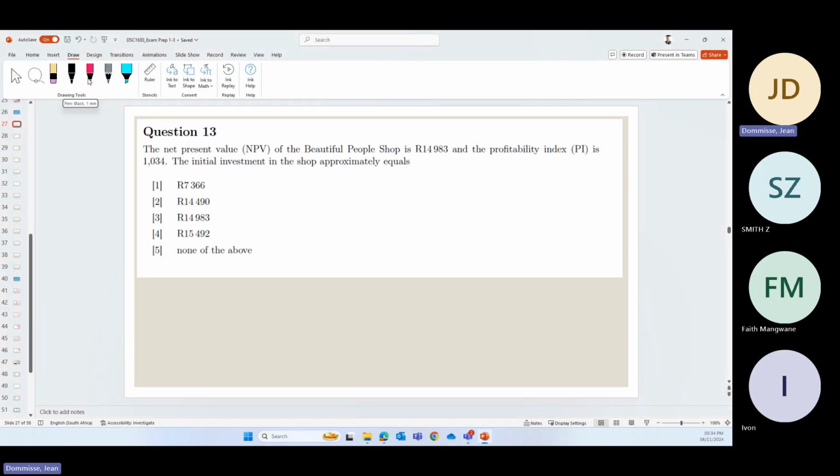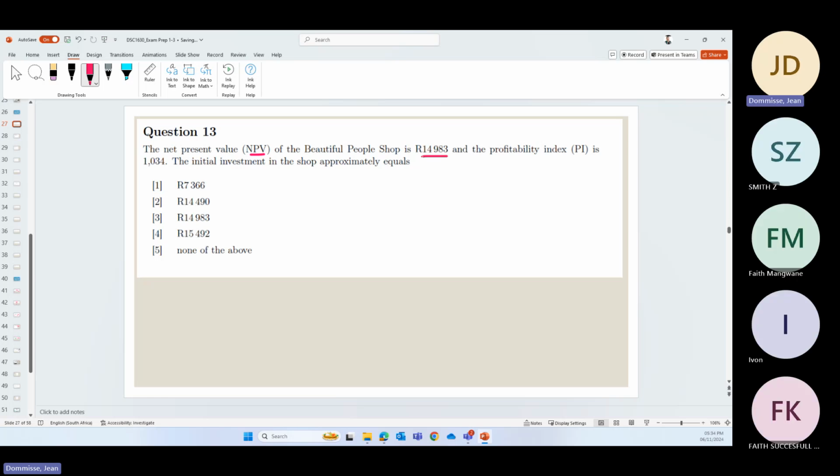The first one, we're looking at net present value. This one, they say the net present value of a beautiful people shop. They give us the value.